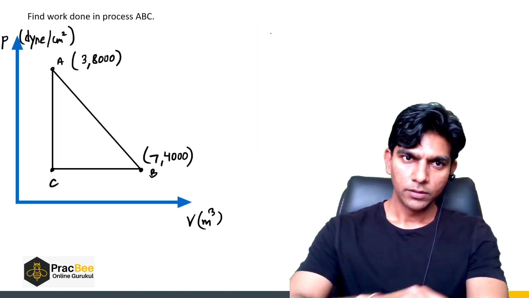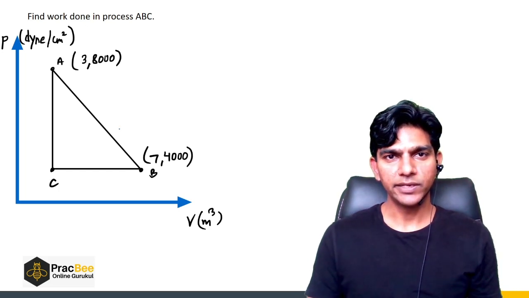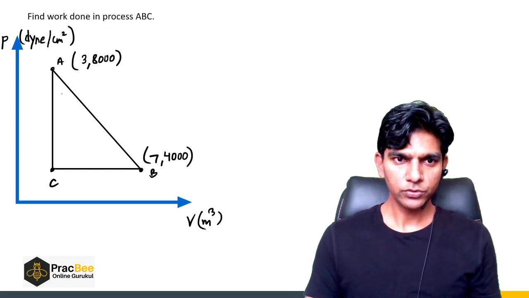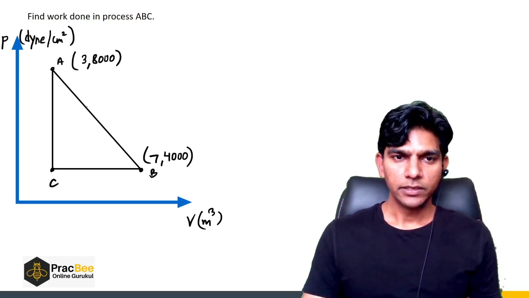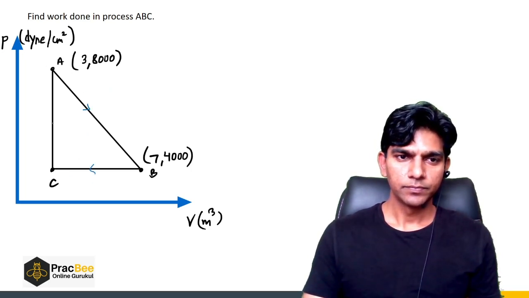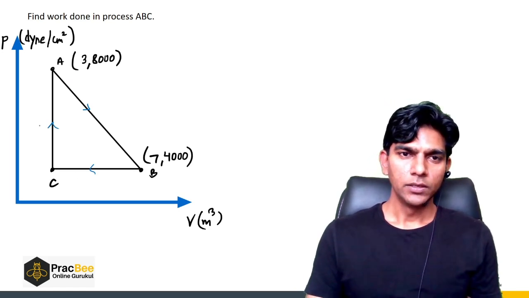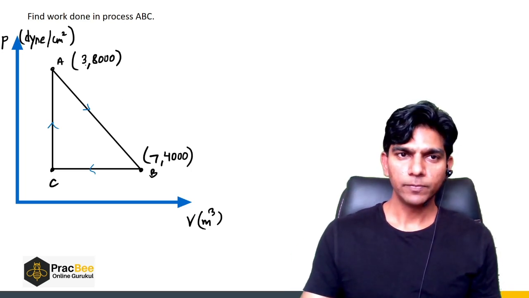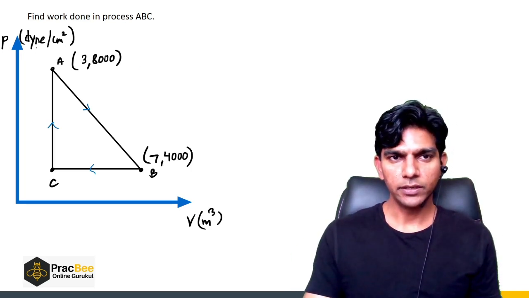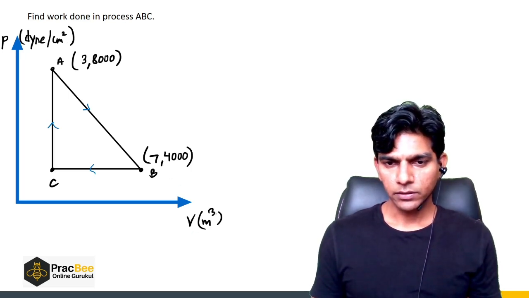Yes. Next is the question from thermodynamics. So we have to find the work done in the process ABC. The direction is given to us, ABC. So it's a cyclic process and it's a clockwise cycle, so work done will be positive. Pressure is given in dynes per centimeter square, and the volume is given in meter cube.